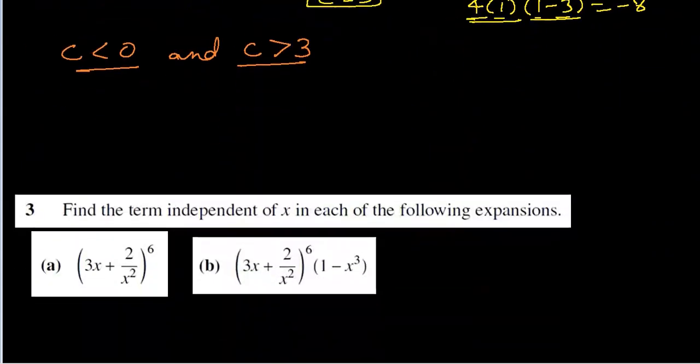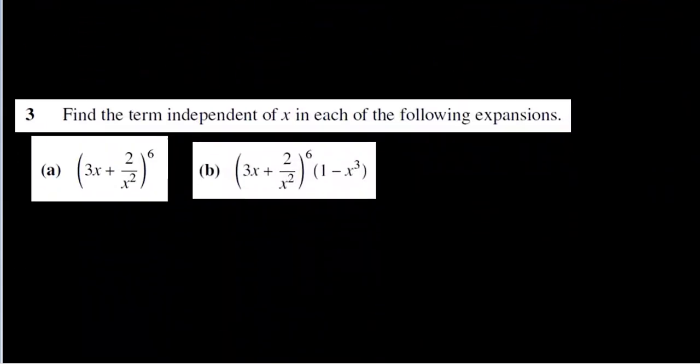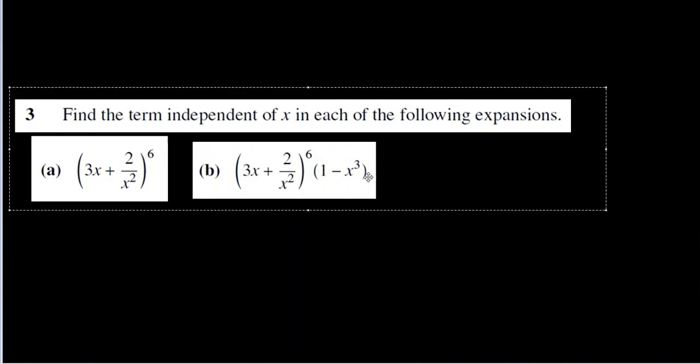Moving on. Find the term independent of x in each of the following expansions. So whenever we are asked for a term independent of x, that means that term must not have x. And how is that possible with part A? Let's focus on part A first, okay? How is that possible with this?